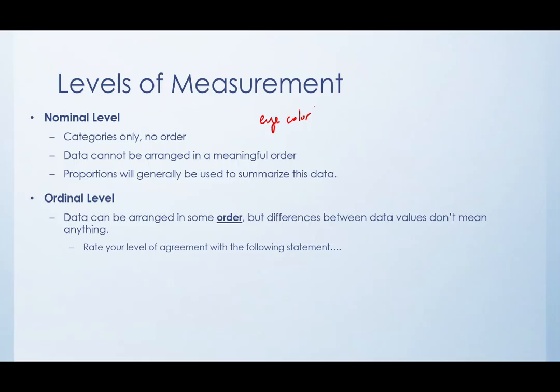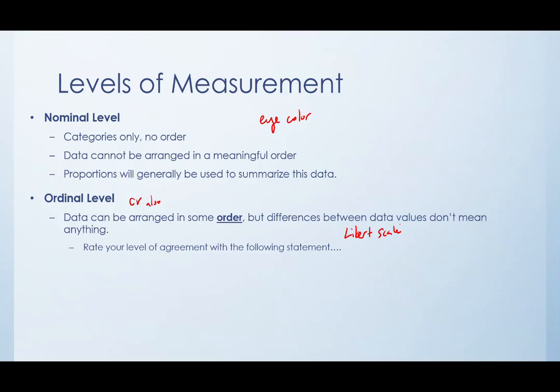Then we have what's called ordinal. And again, this is for categorical variables also, right? But here, our data can be arranged in some sort of order, but differences between data values don't mean anything. So this is common with what's called the Likert scale, which is common with surveys and in psychology, like rate your level of agreement with the following statement.